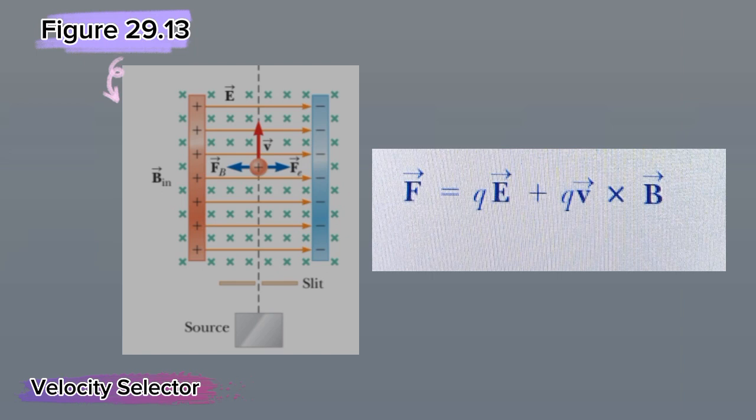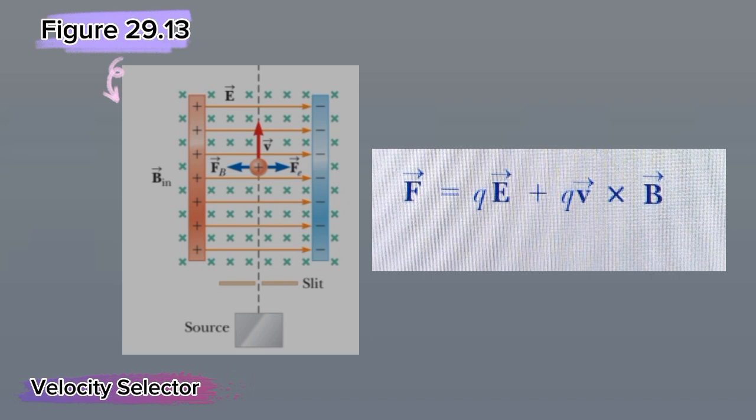In this figure 29.13, a velocity selector, a positive charged particle is moving with velocity v in the presence of a magnetic field directed into the page and an electric field directed to the right. So, it experiences an electric force qE to the right and a magnetic force qvB to the left.